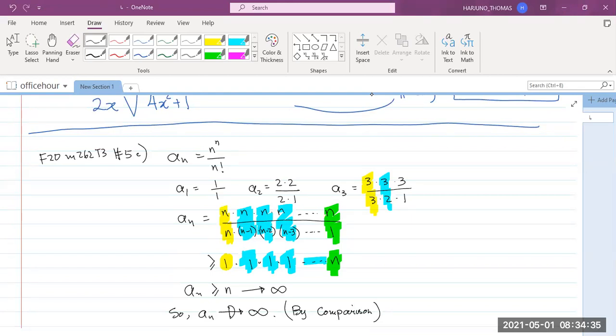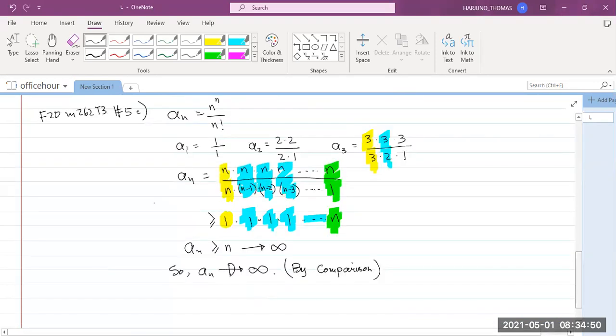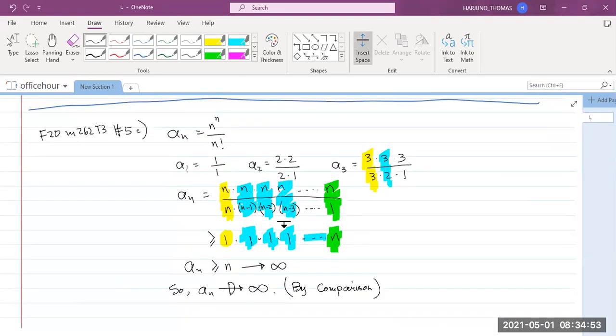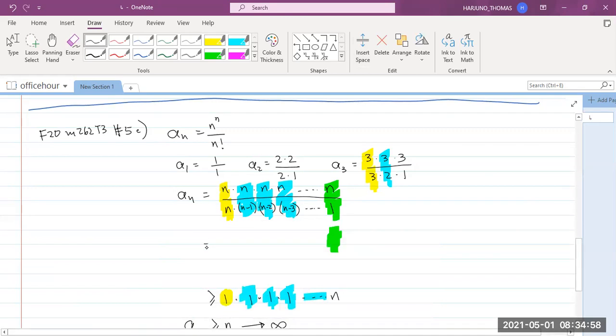So basically what we're saying is a sub n is greater than or equal to 1, but as it approaches n, and because n approaches infinity, take a look here. Maybe I insert something in between. Notice that in between, this is equal to n over n, n over n minus 1, n over n minus 2, n over n minus 3, all the way to n over 1.